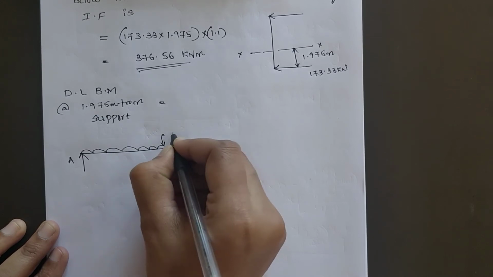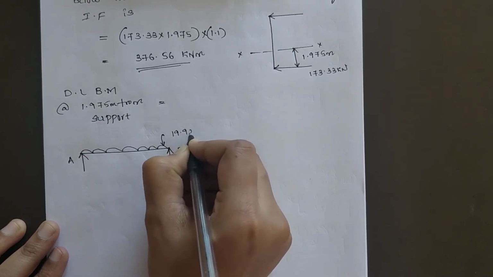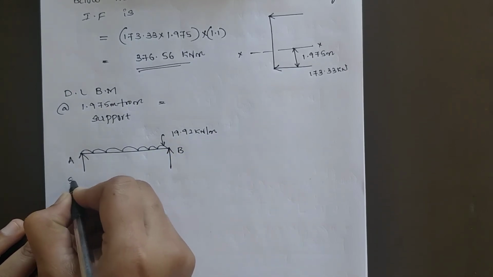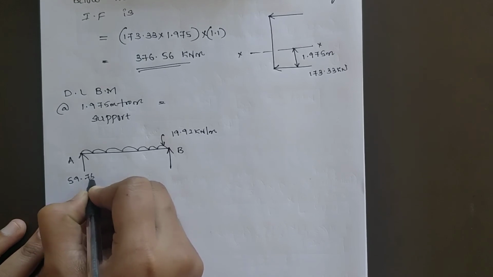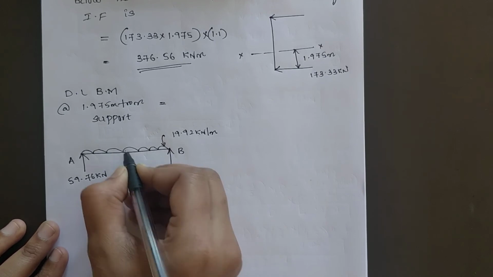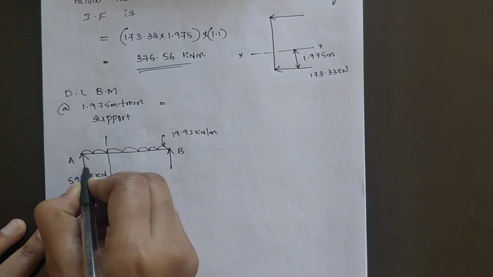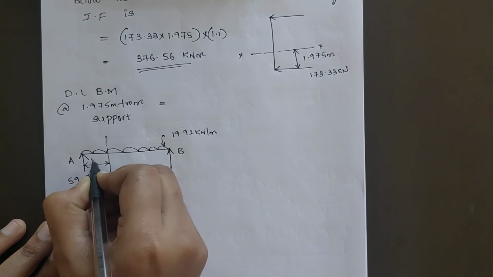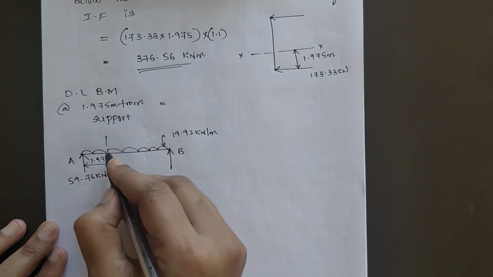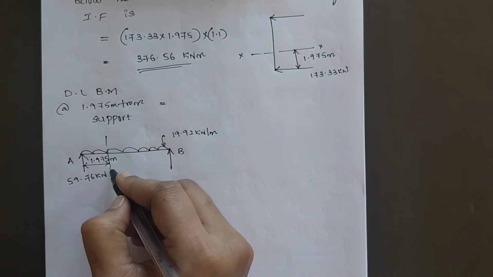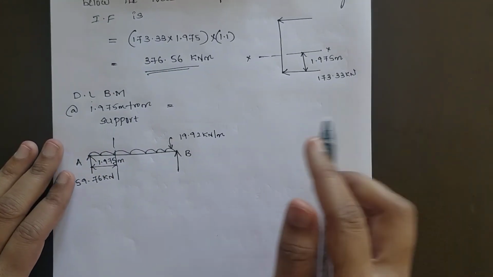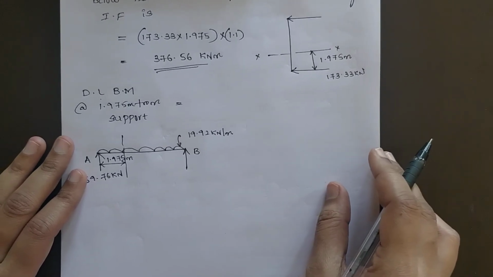Intensity of this UDL is 19.92 kilonewton per meter. The reaction value is 59.76 kilonewton which you have calculated. Take moment of all the forces at a distance of 1.975. That will be your dead load bending moment from support. Calculate it.